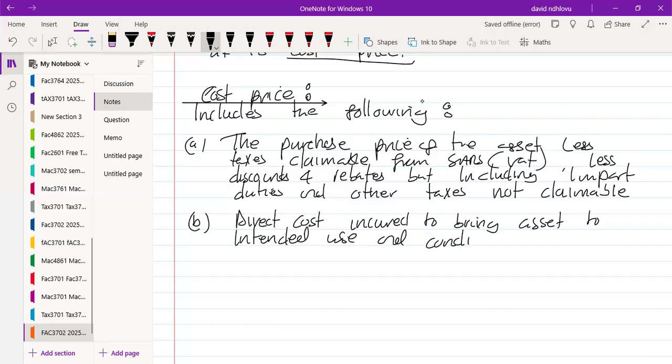So any direct costs incurred in connection with the asset to bring it to a condition intended for use will be added to the cost price.